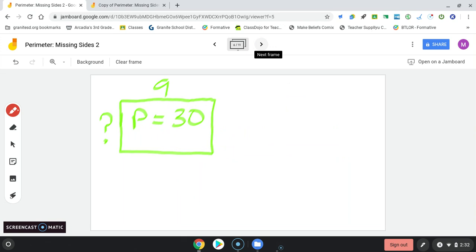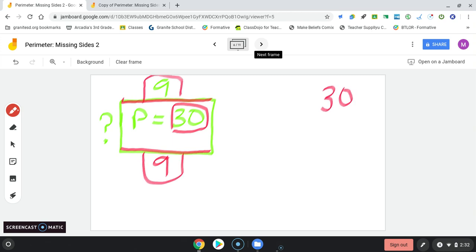Okay, so they give you 9. So then you know this one down here is 9 too. Okay. So we know the perimeter is 30. And then subtract the two sides you know. 9 plus 9 would be 18.